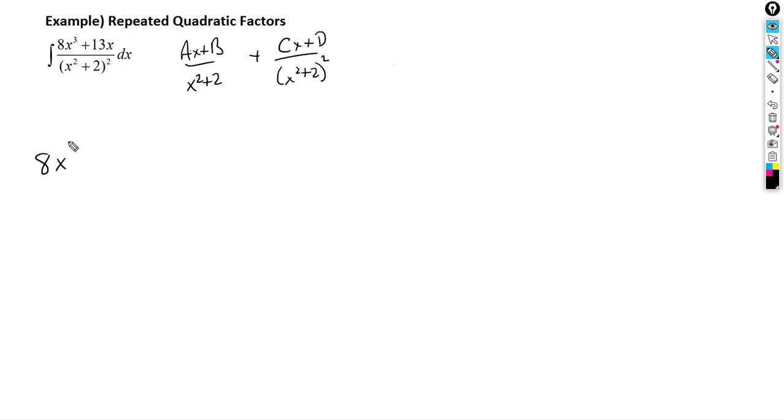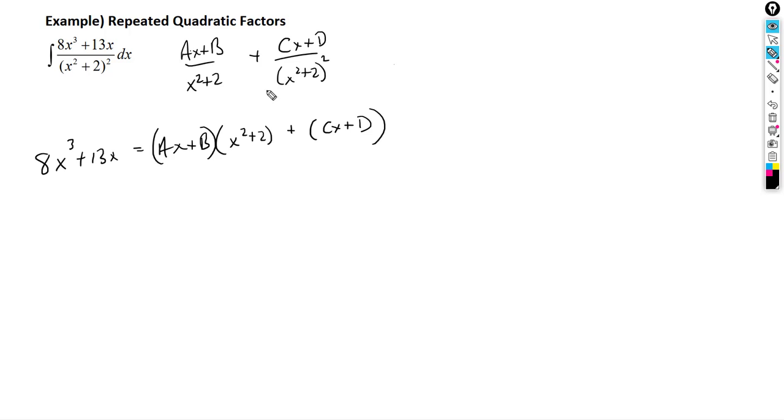I got 8x to the third plus 13x equals ax plus b times x squared plus 2, only one of them because I only need one for this fraction, plus cx plus d. I don't need any x squared plus 2's on this fraction, so I'm good to go there.